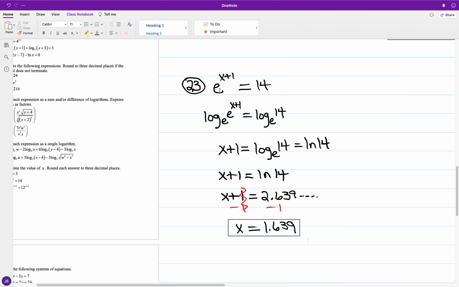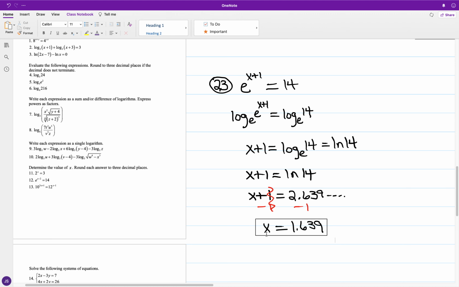So again, the exponential base from the start was base e, and taking the base e logarithms, automatically the left hand side is x plus 1, and the right hand side is the base e logarithm of 14, which is the natural logarithm of 14, and that value you had right at hand without even having to do a change of base operation, because you don't have anything like a base 7 logarithm. You've got one of the two with log and ln. So that value was already available. So you have x equal to 1.639, taking the result to the nearest 3 decimal places.